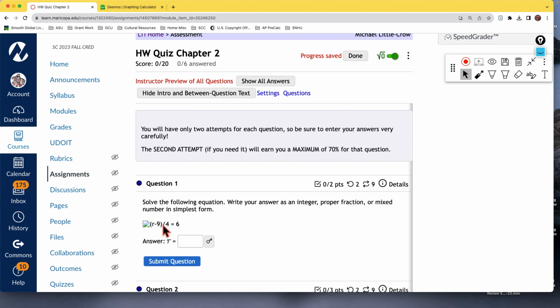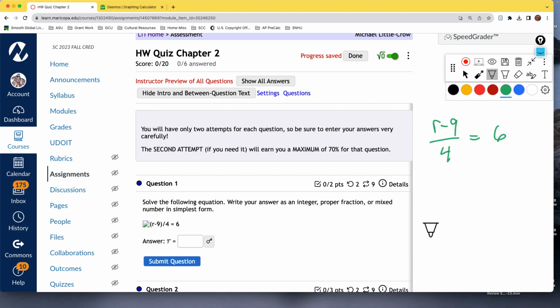This looks like r minus 9 divided by 4 over 6. Let me make it a little bit bigger. So this first question, r minus 9, I'm a little worried about this little thing in front, that it might be something more. But we'll see. We're asked to solve for r.